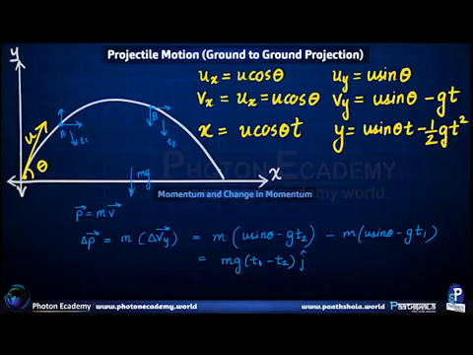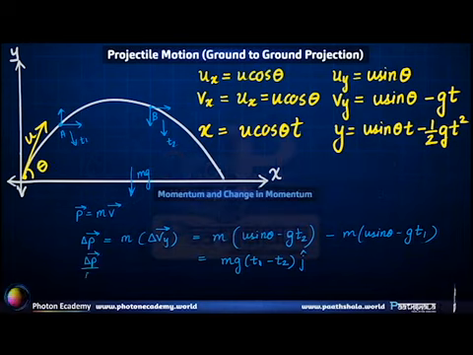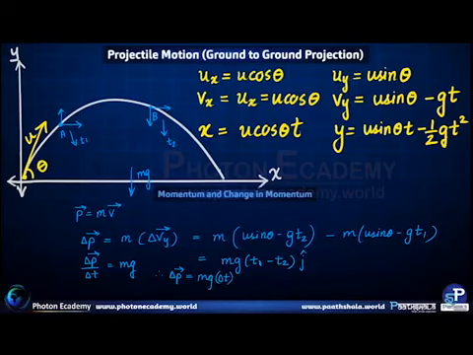There was a simpler method to find this. If the student is familiar with dynamics, then there is a simpler method to find momentum change. Momentum change upon change in time is nothing but the force. So this is another way to verify Newton's second law for projectile motion. So therefore delta p directly would be given as mg delta t. Delta t happens to be t2 minus t1.